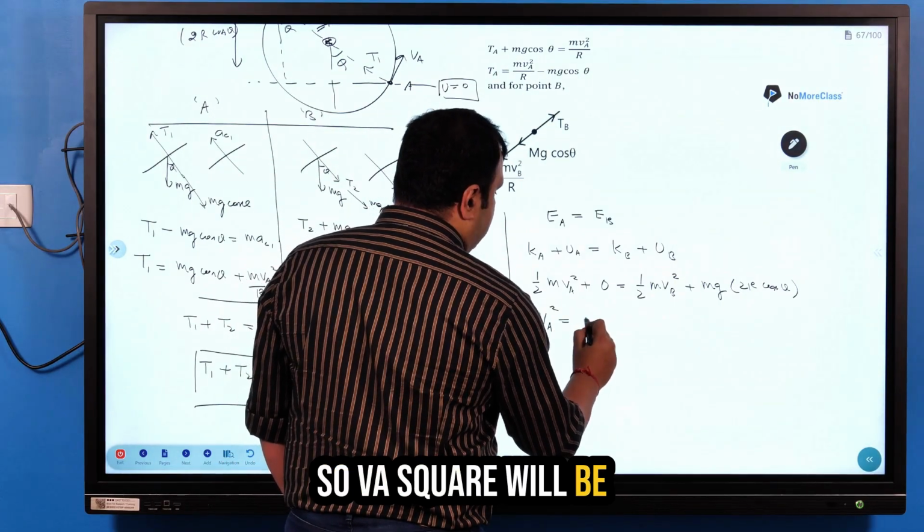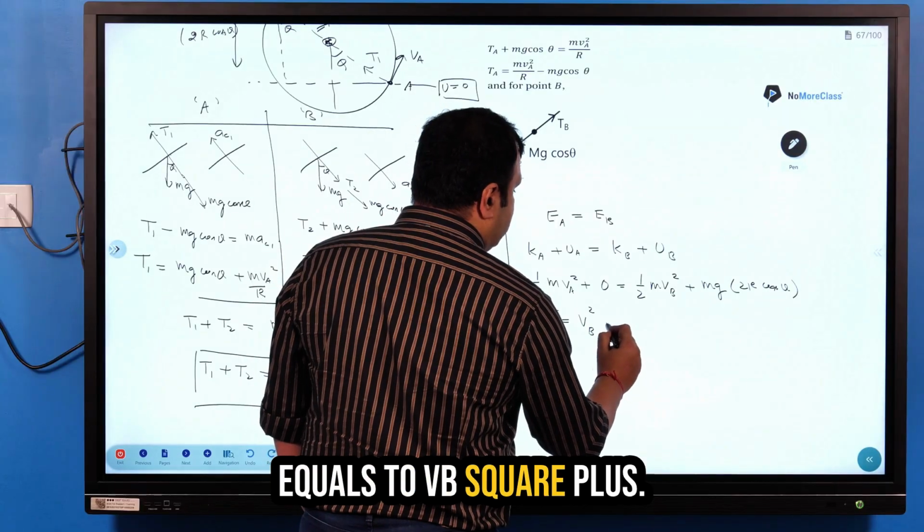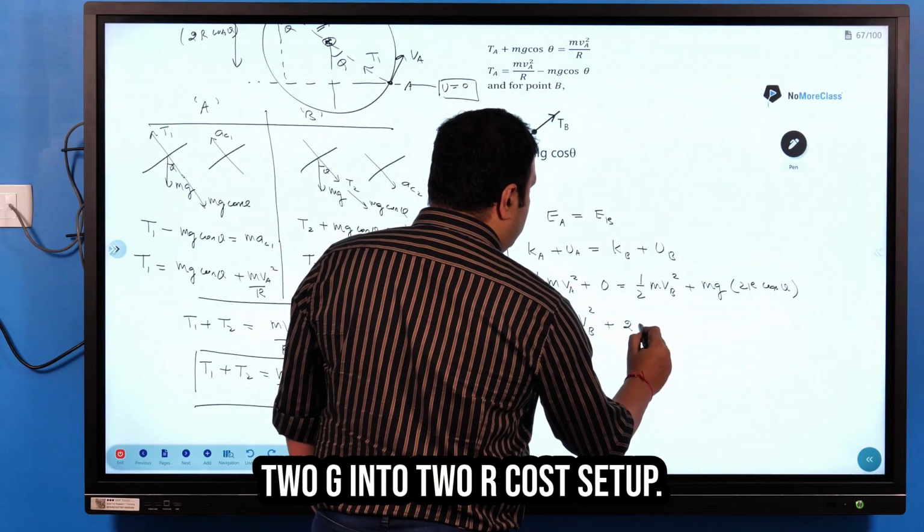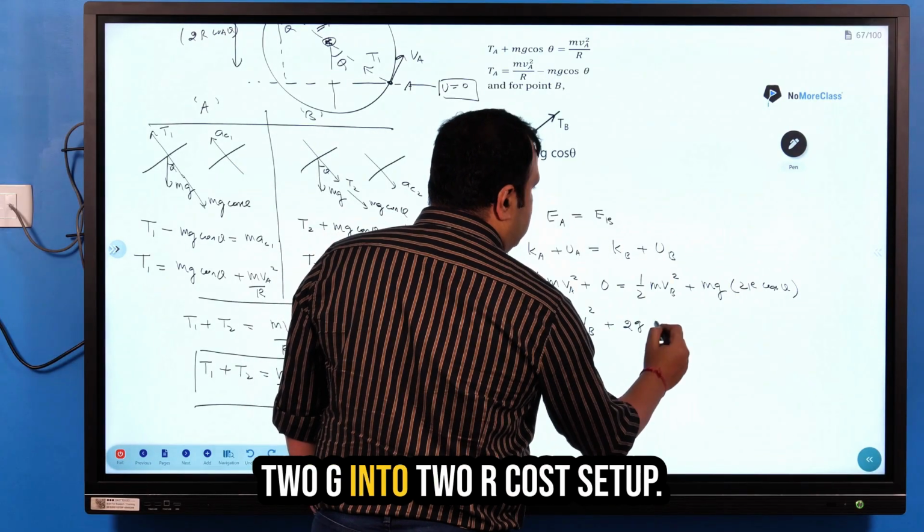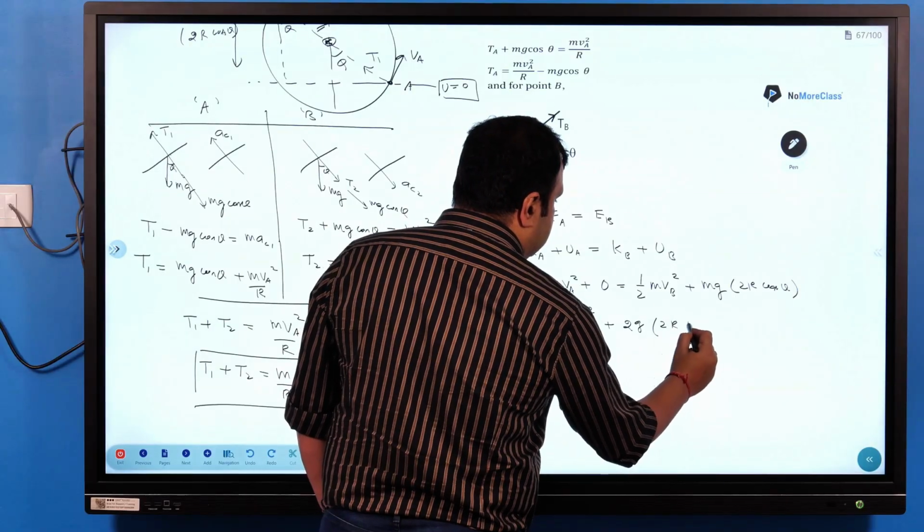So VA square will be equal to VB square plus 2g into 2r cos theta.